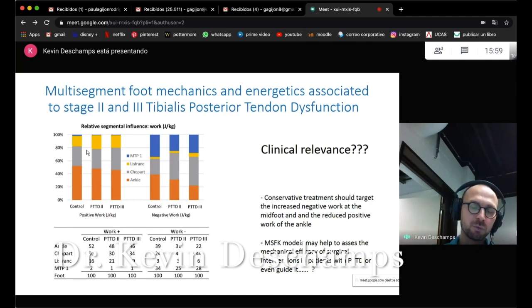Because we see that in some patients we have a considerable increase of power absorption, and we believe that even with a number of osteotomies and tendon repair, we will not be satisfied.